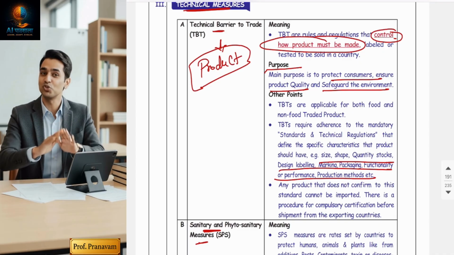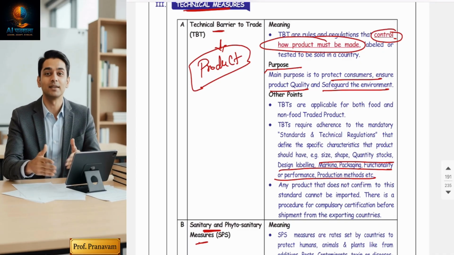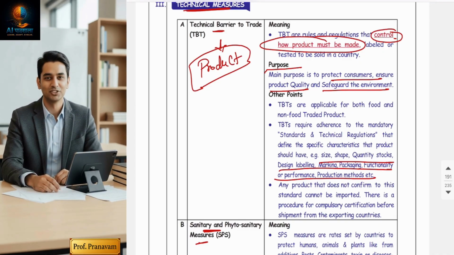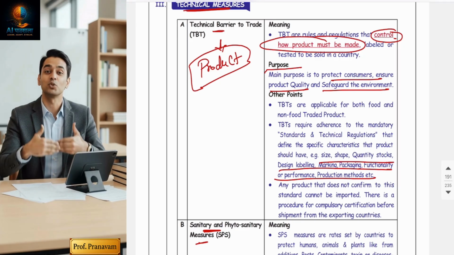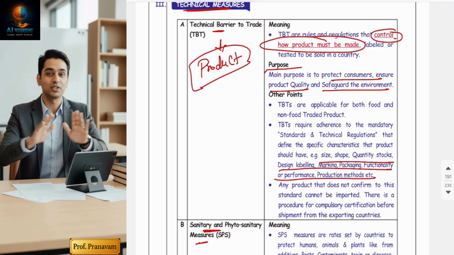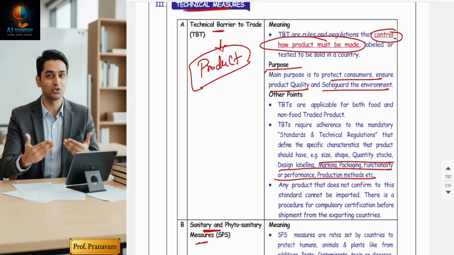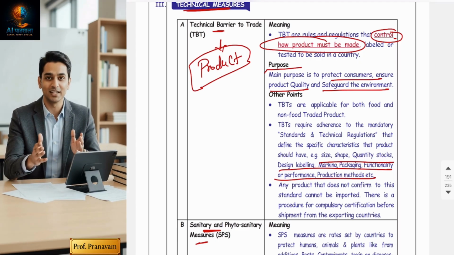So our government has a responsibility to put a technical barrier to trade, and only if products are healthy will they be allowed to be imported into our country. So you came to know the official purpose.